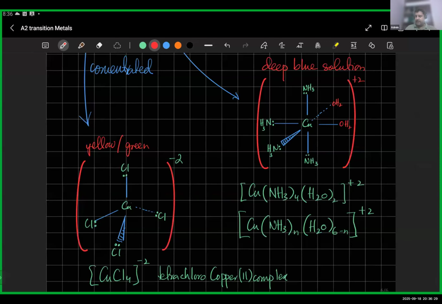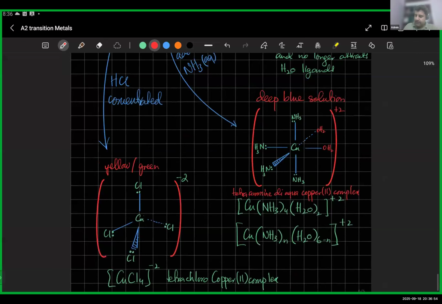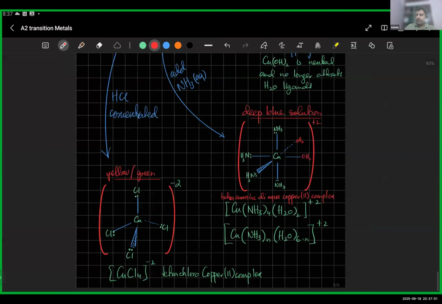The name of this other one, I didn't name this: tetraamminediaquacopper(II) complex, with two water molecules. I've written down the colors. This one is deep blue.